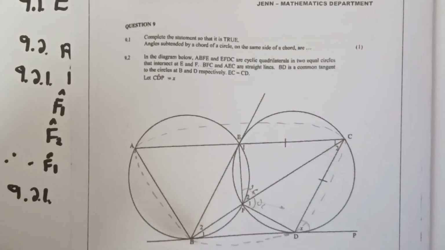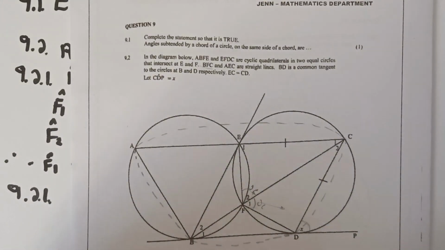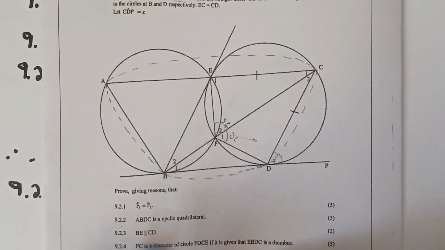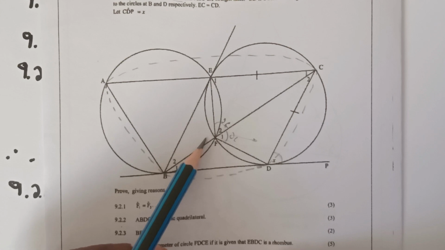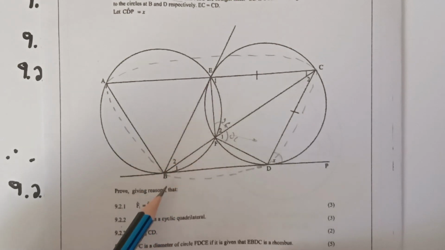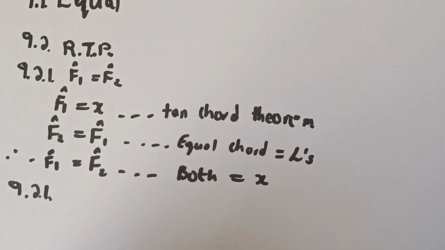So here BFC is a straight line. So what we can do now is to find the angle EFB. Let's try to find first the angle EFB.